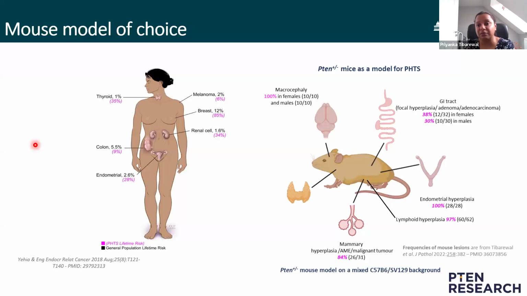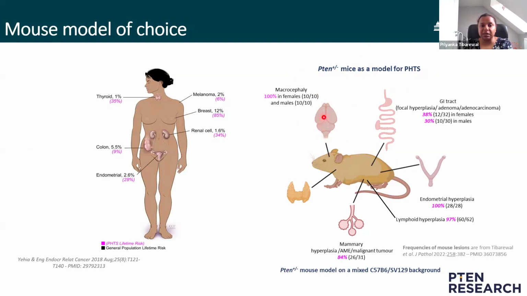Therefore, you do not have any PTEN being expressed from that particular chromosome. So that's what we've used here. We've taken a mouse, and from one of its chromosomes, we deleted a copy of the PTEN gene. Therefore, it's known as a PTEN plus-minus mouse.